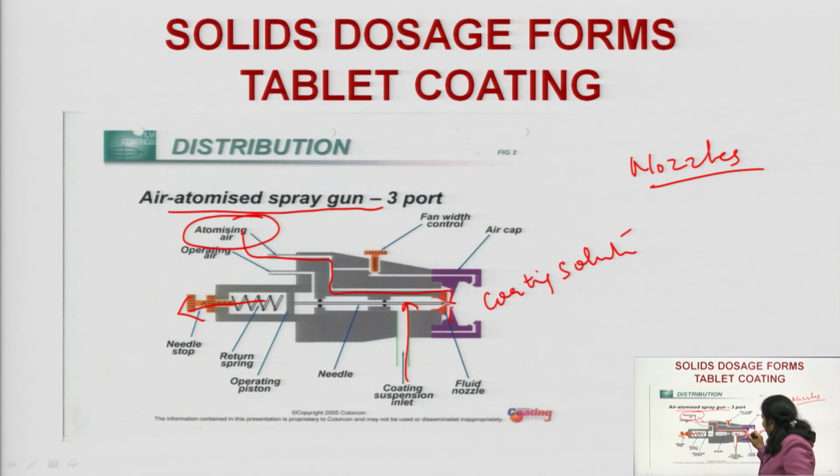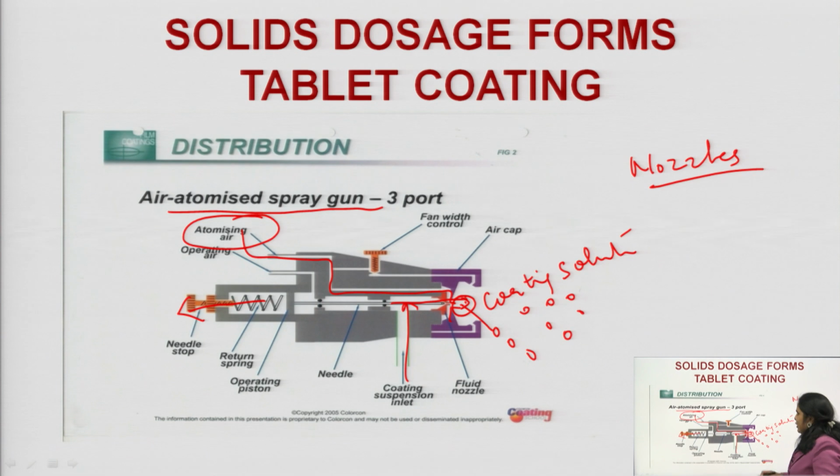Air at high pressure at this point divides the coating solution into small droplets when it is sprayed, basically the atomization process. So, this air pressure is very important for atomization of the coating solution.